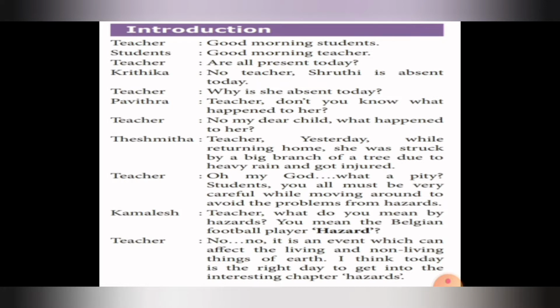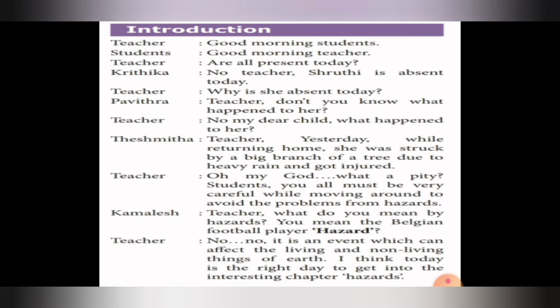So Pavitra, another student, is explaining, teacher, don't you know what happened to her? ஸோ உங்களுக்கு என்ன ஆச்சுன்னு தெரியாதா அப்படின்னு சொல்லிட்டு பவித்ரா அப்படின்ற ஒரு ஸ்டூடெண்ட் டீச்சர் கிட்ட கேட்குறாங்க, ரைட்? So teacher, no my dear child, what happened to her? So Tashmita is another student. She tells, teacher, yesterday while returning home, she was struck by a big branch of a tree due to heavy rain and got injured.